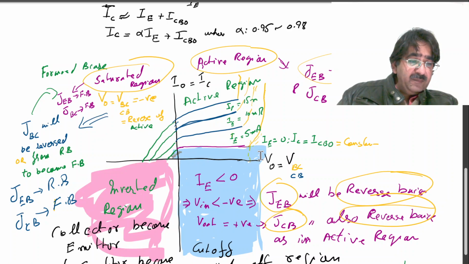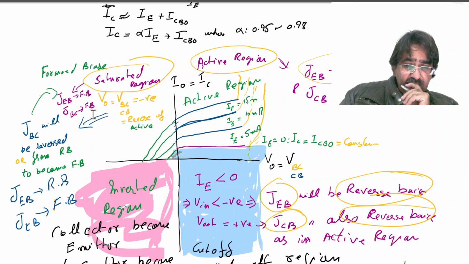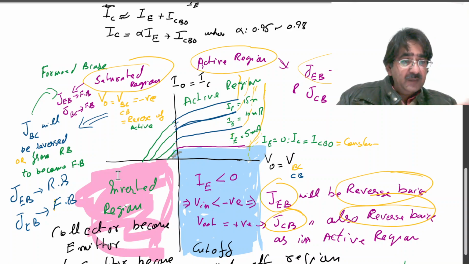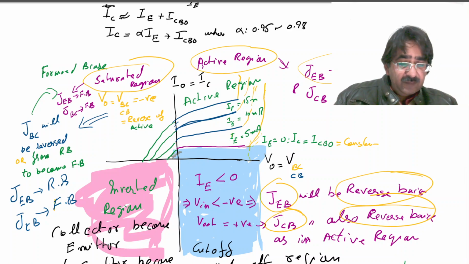When it is inverted, it becomes forward biased, so JBC will become forward biased. I must increase the length of this line to avoid confusion.